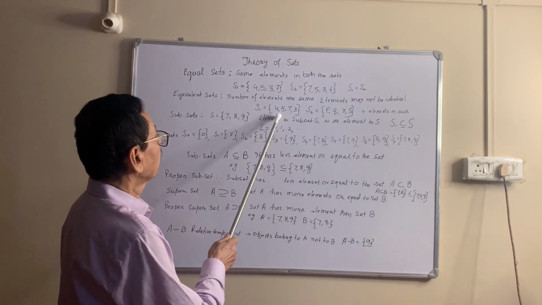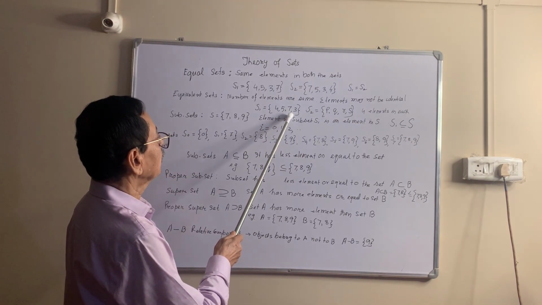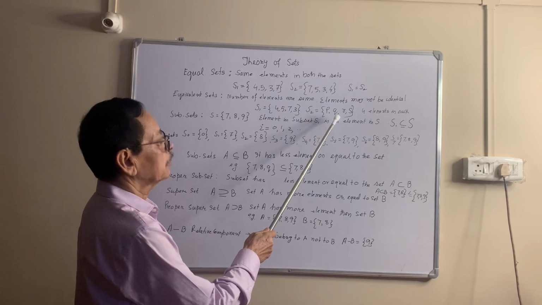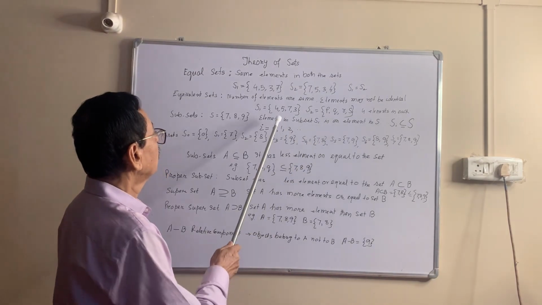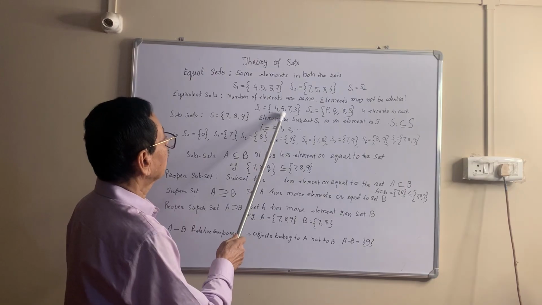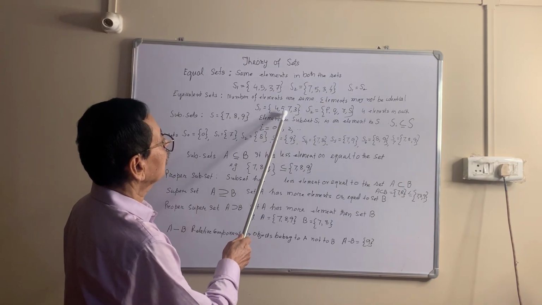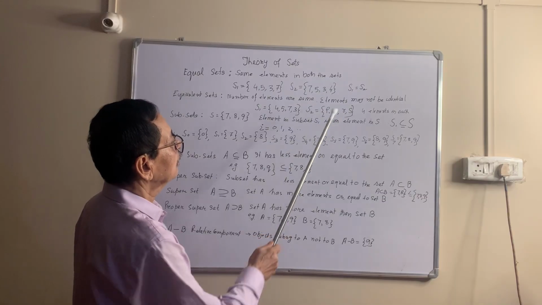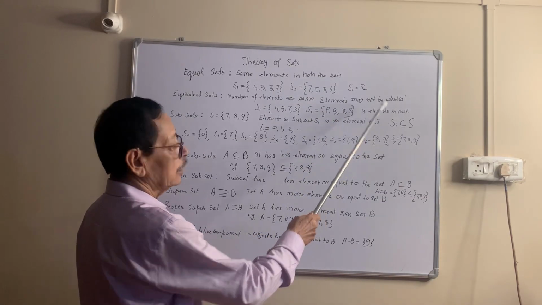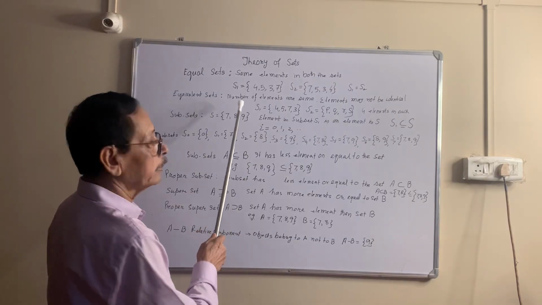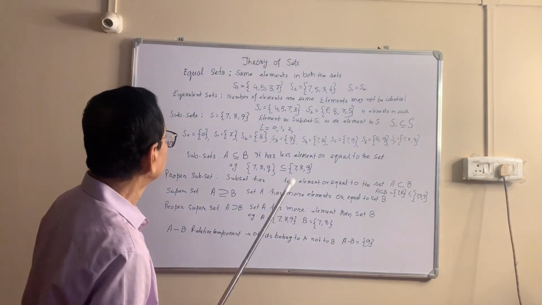The elements are not identical, but there are 4 elements here and 4 elements here. So there are 4 elements in each set. That's why they are equivalent sets.